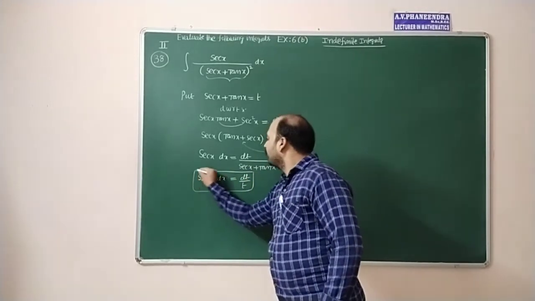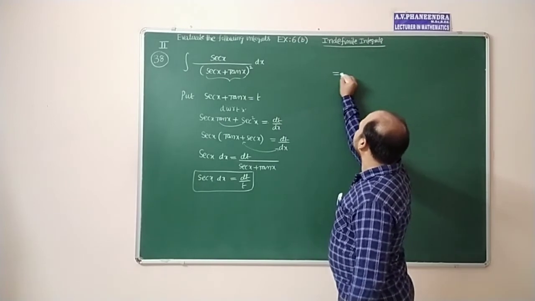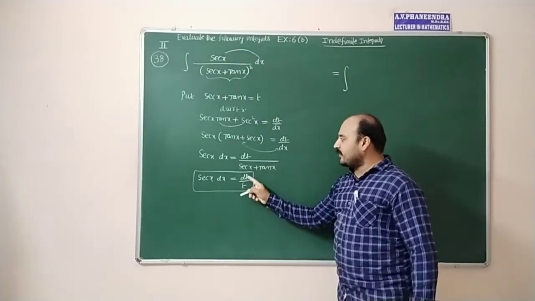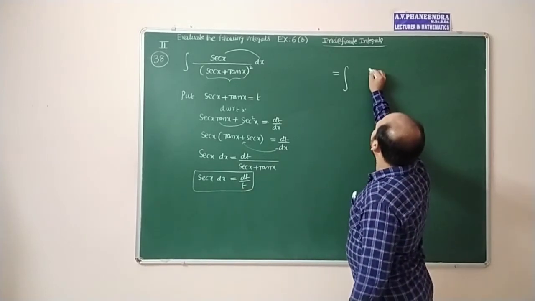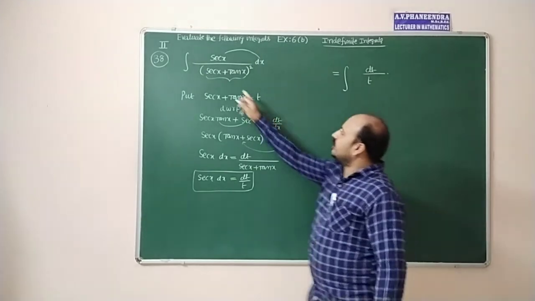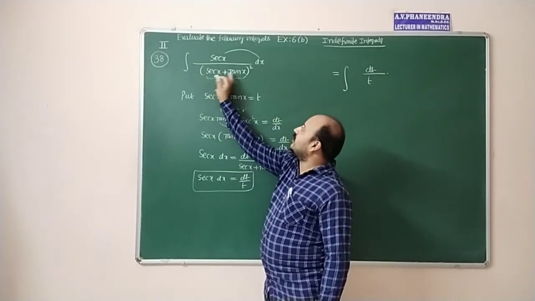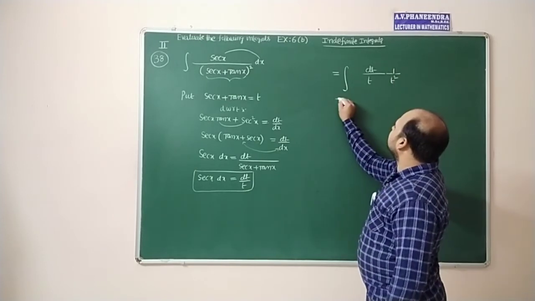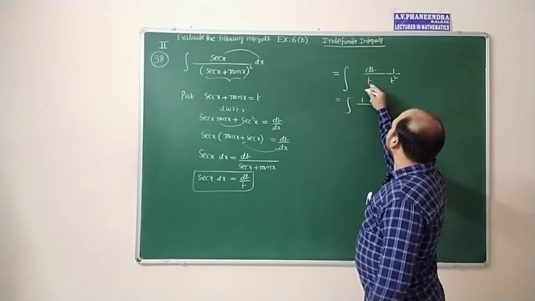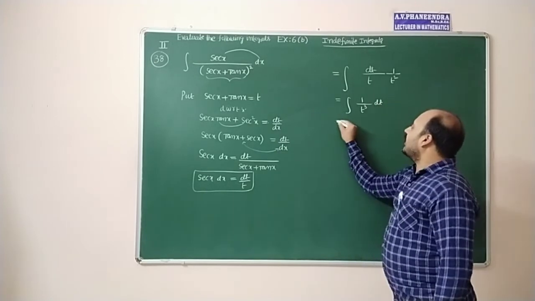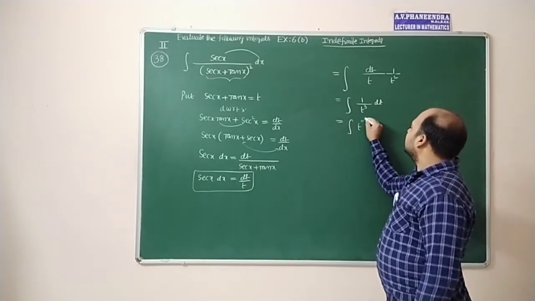Now the given integral becomes: in place of secant x dx, you replace dt by t. So dt by t into, in the denominator, already t square is there, so 1 by t square, which is equal to integral 1 by t cube dt. We can write it as integral t power minus 3 dt.